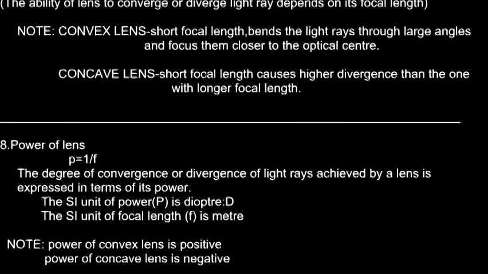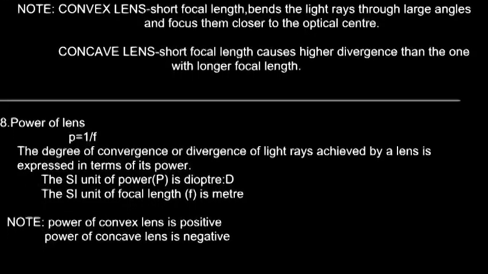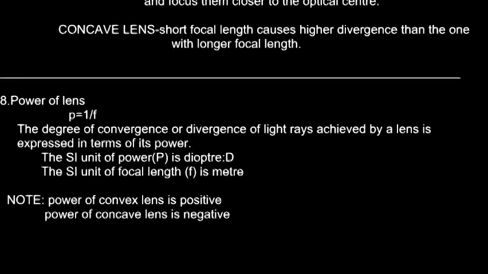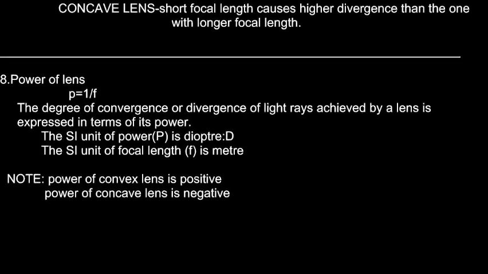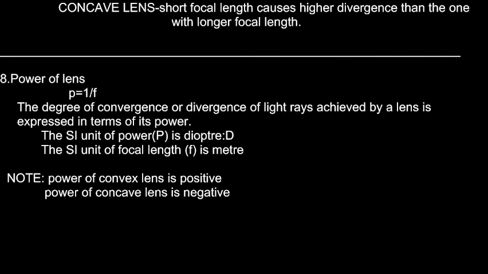Next, one more point based on the power of lens. Learn this one also. Power of lens, as I discussed, is 1 upon f. One more point may be asked like this: the degree of convergence or divergence of light rays achieved by a lens is expressed in terms of its power.